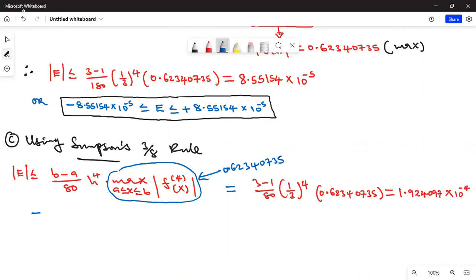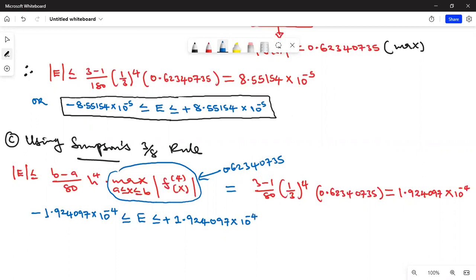It simply means that negative 1.924097 times 10 raised to negative 4 should be less than or equal to our error E, less than or equal to positive 1.924097 times 10 raised to negative 4.